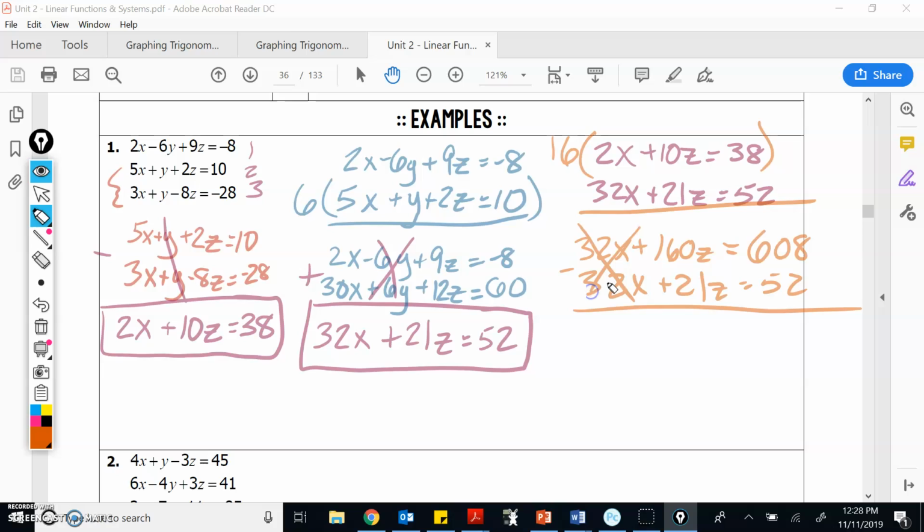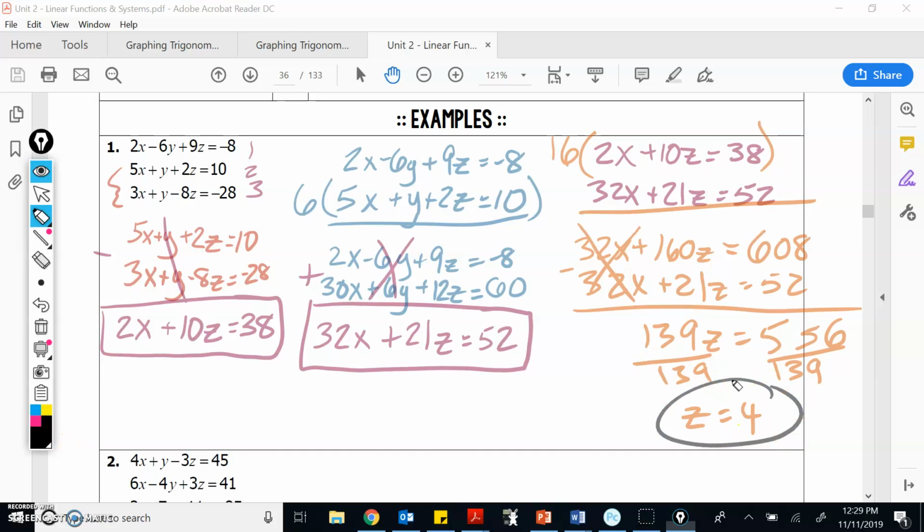And you're left with 160 minus 21, 139z. 608 minus 52 gives us 556. And then dividing both sides by 139, we get our variable z to be 4. That is one of our three answers.